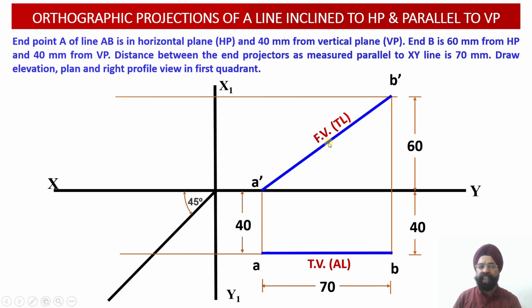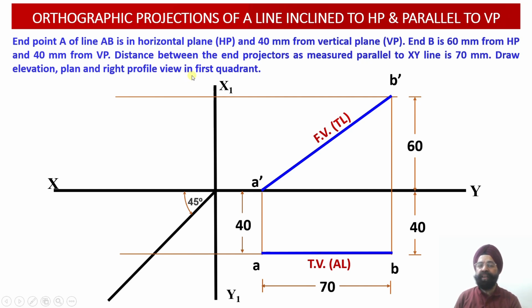Having obtained the front view and the top view projections, now we will proceed with the evaluation of the side view projections of this particular line, and we are required to draw the right hand side view projection of this line.